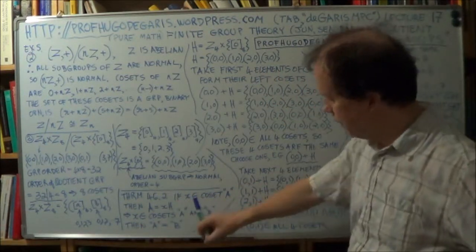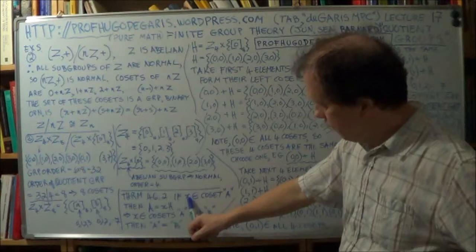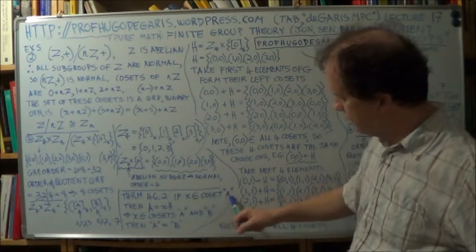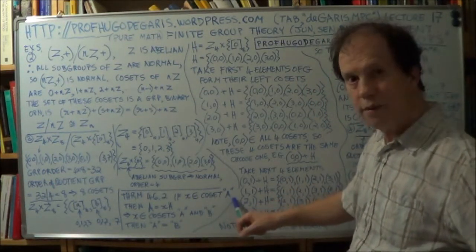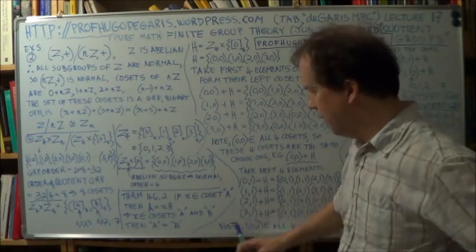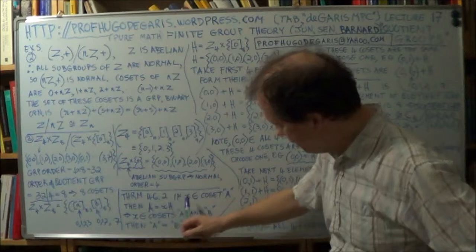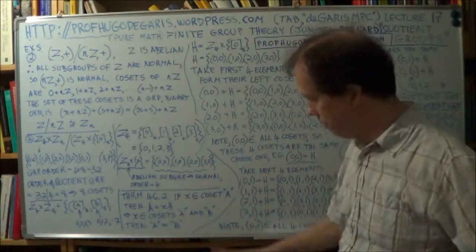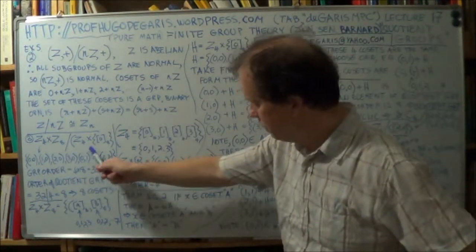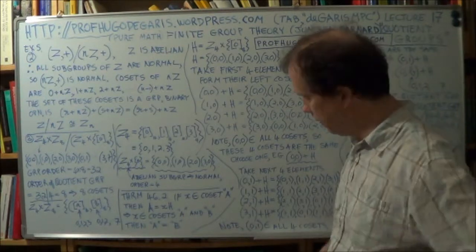Now the proof of it is, if this element belongs to coset A, let's say, this particular coset, then this theorem says that this coset A equals XH, where H is your subgroup, right?